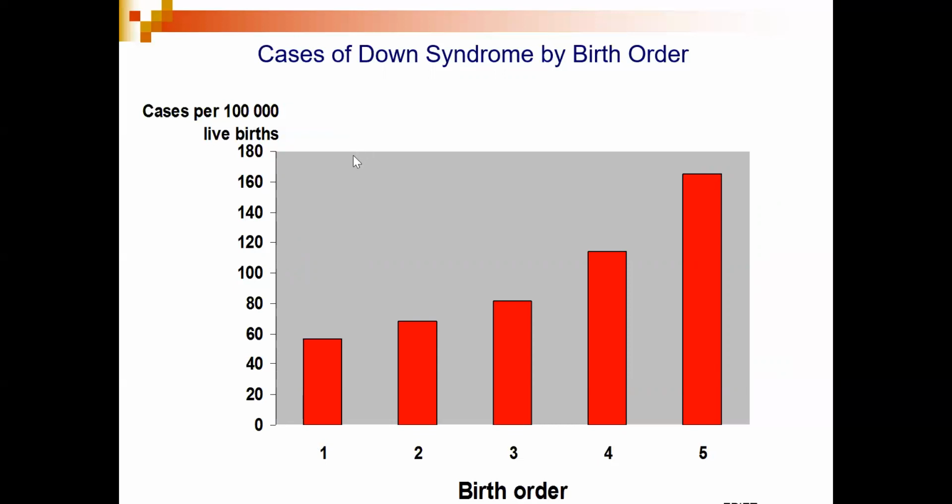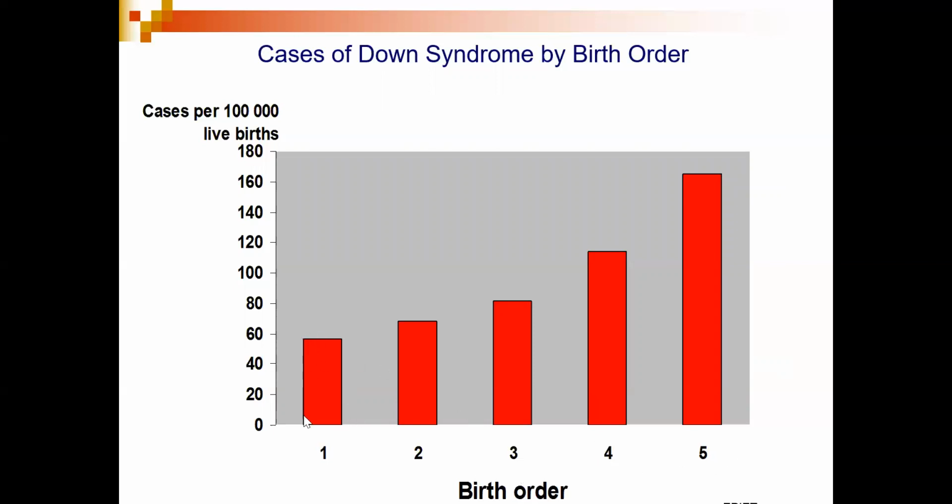If you look at the cases of Down syndrome by birth order, what do you realize? You realize that the cases of Down syndrome increase as the birth order increases.